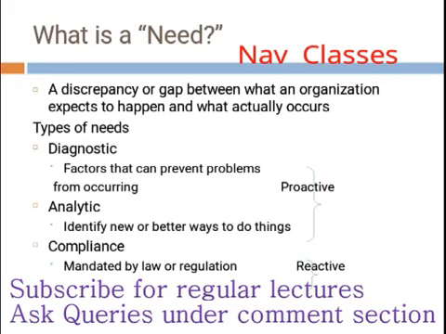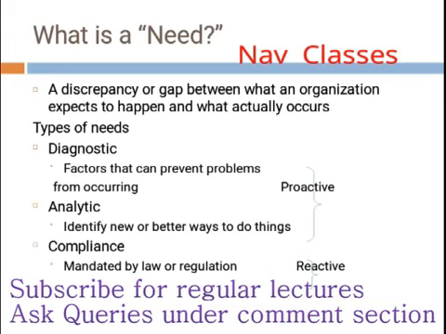Proactive means those types of needs which the organization thinks it may require to do such a task. If the organization complies with these needs, if the organization does something to acquire such a need, then it will benefit the organization in the near future.